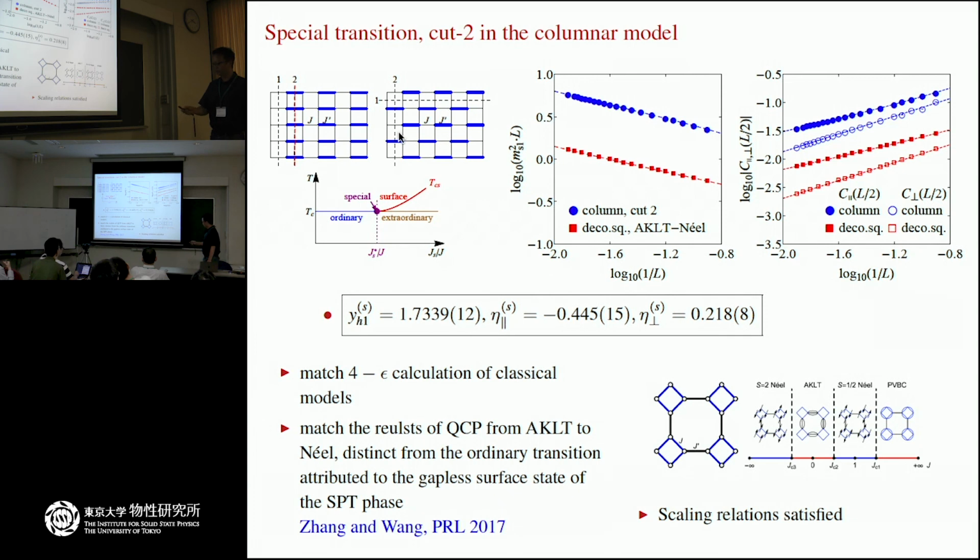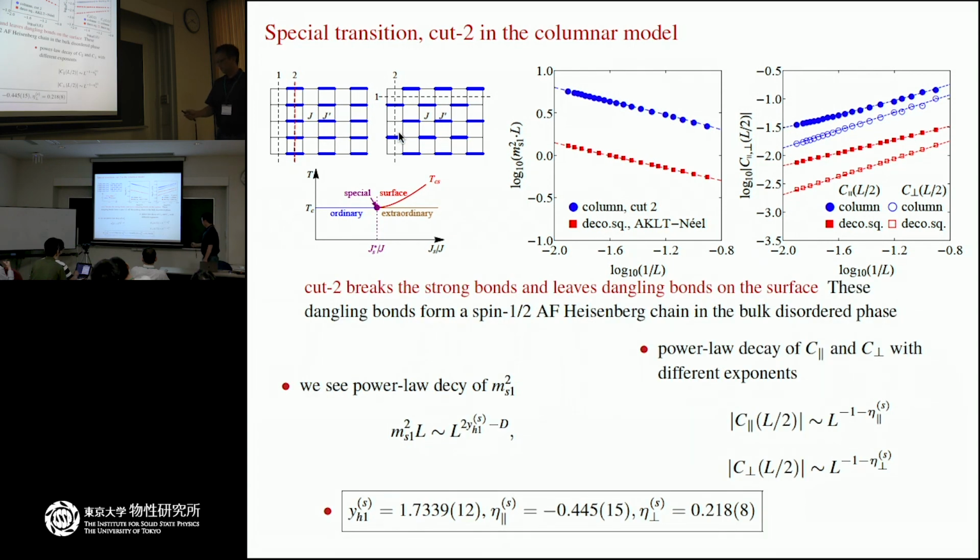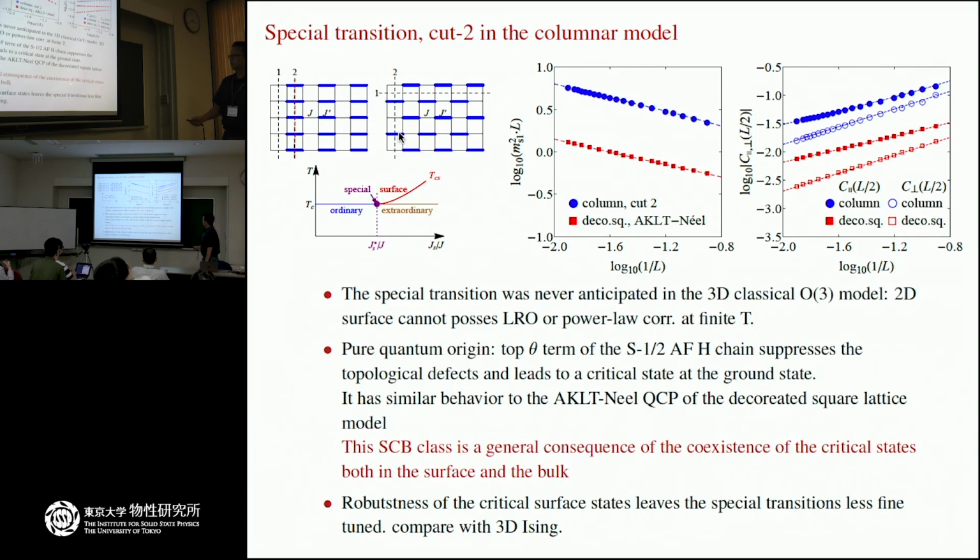But now we believe it's just a general consequence of the coexistence of the critical states both in the surface and the bulk. If you have a simple surface which is gapless and the bulk is gapless critical, you have this special surface transition.